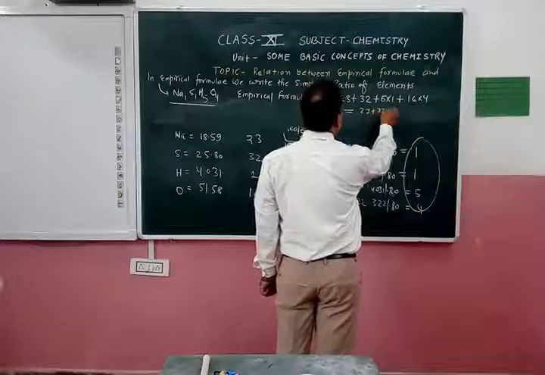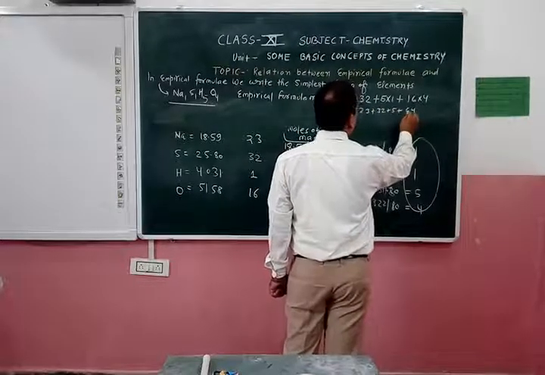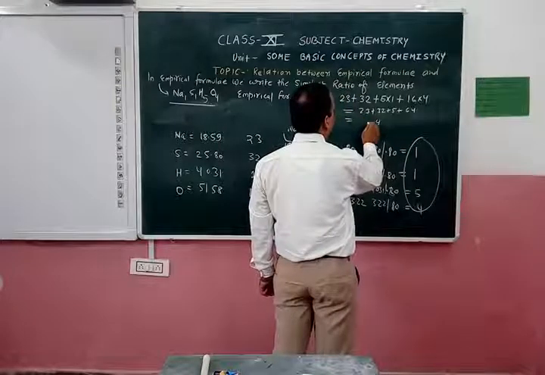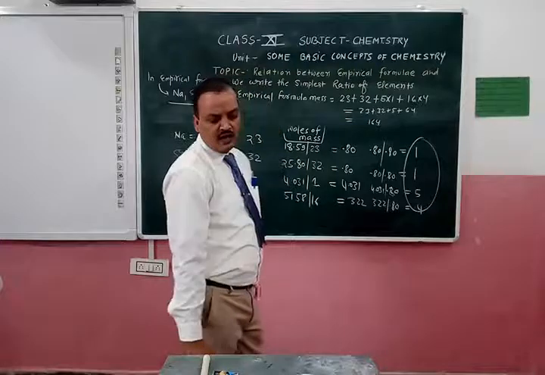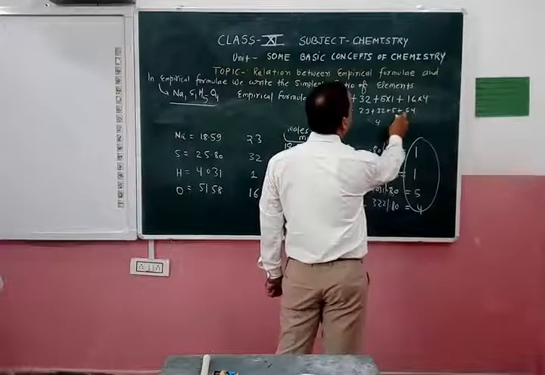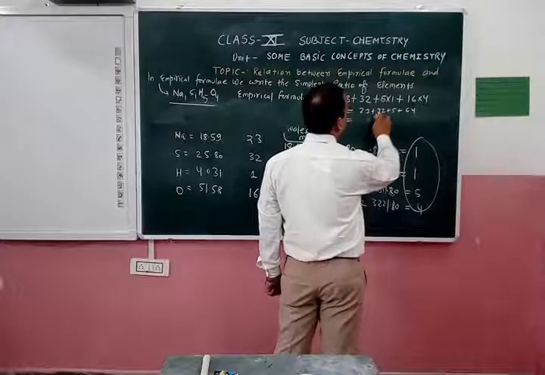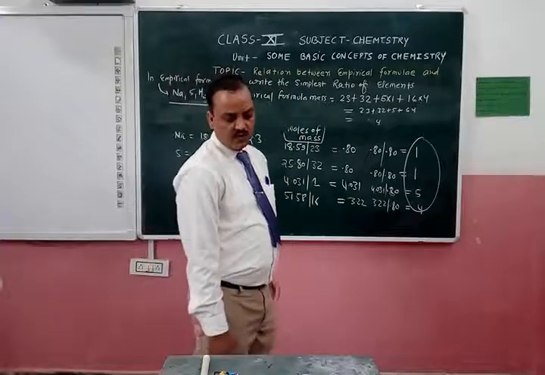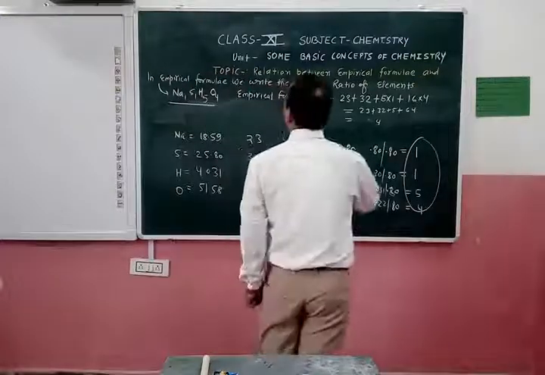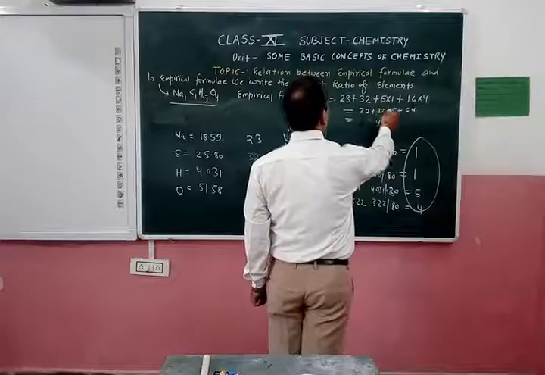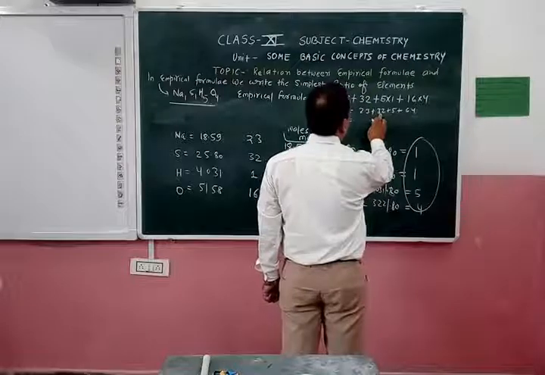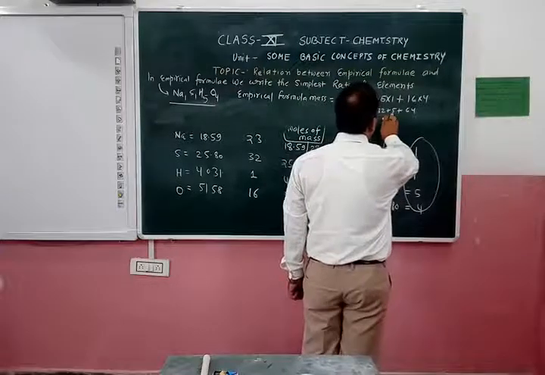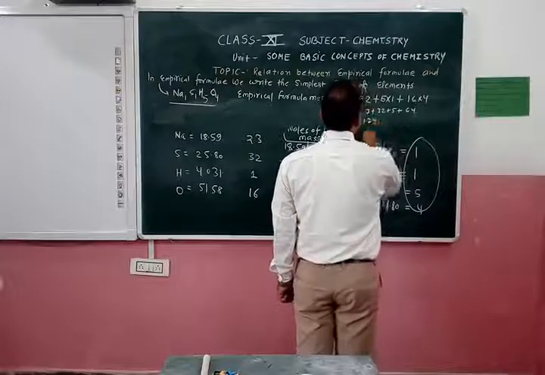It is 23 plus 32 plus 5 plus 64, which adds up to 124.